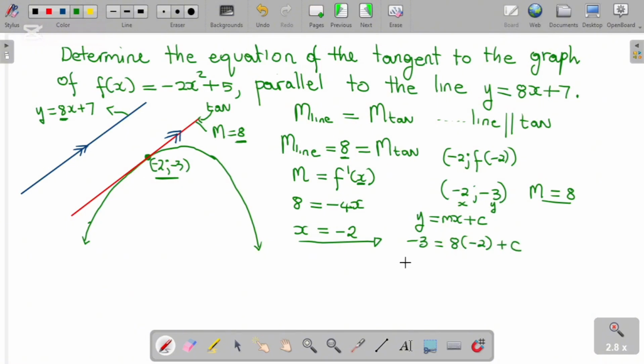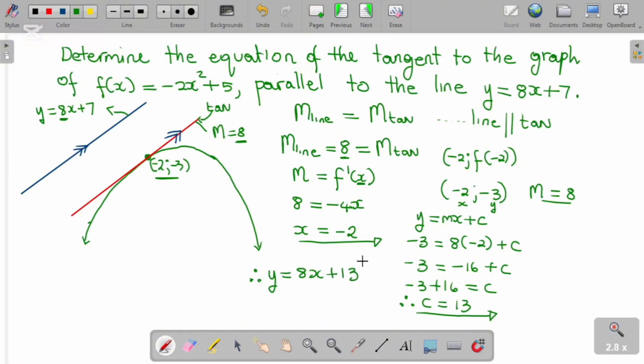Then negative 3 equals negative 16 plus c. Then negative 3 plus 16 equals c, therefore c equals 13. And then we conclude: the equation of the tangent is y equals 8x plus 13.